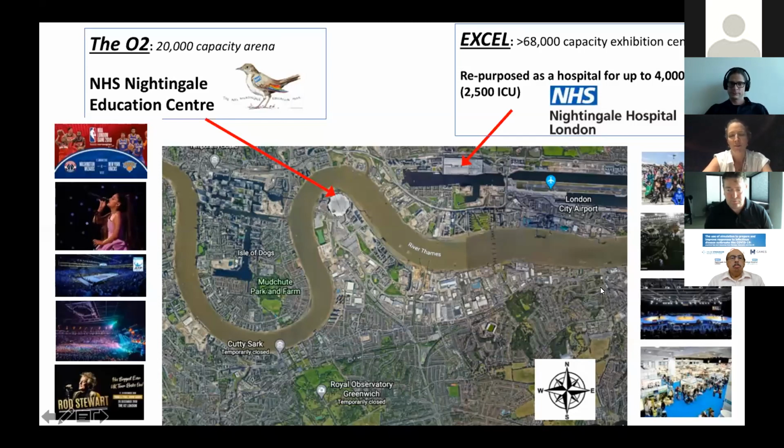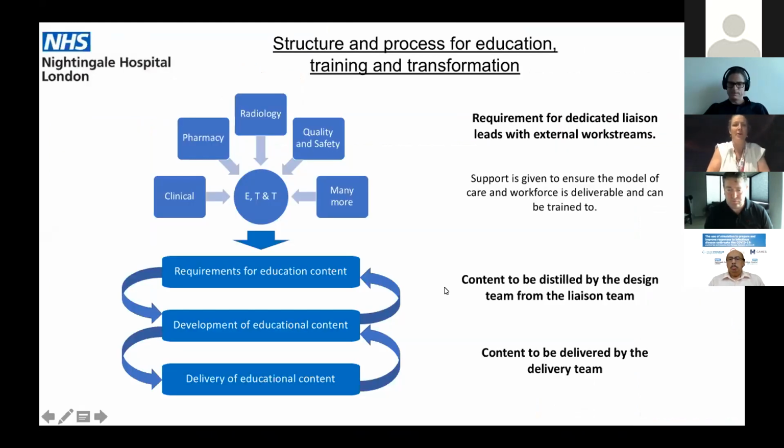But what's really important, as I said before, was the teamwork and the collaboration and the breaking down of the silos. So if we look at the structure and training, on this next slide, we can see that we were taking lots of inputs from various people, not only from the clinical team, also from the quality and safety team, from multiple subspecialties such as radiology and pharmacy.